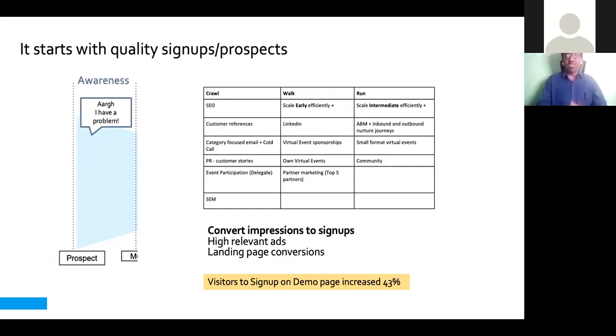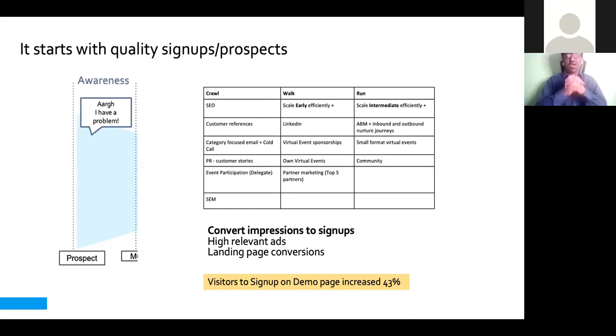Start with smaller things, like being a delegate at an event, rather than jumping into sponsoring, say, $15,000 or $20,000 worth of event participation. Before that, maybe you can just be a participant and understand. In the second phase, say after a quarter or two, we can start scaling up some of the channels which worked in the initial phase and do more of that, right?